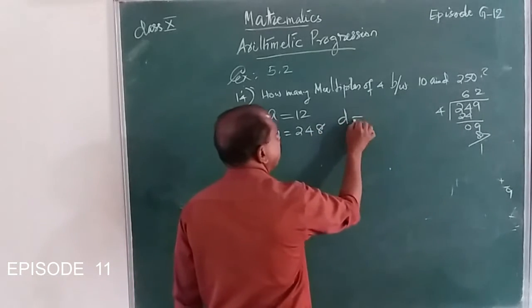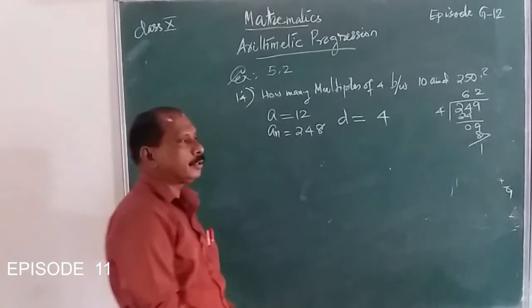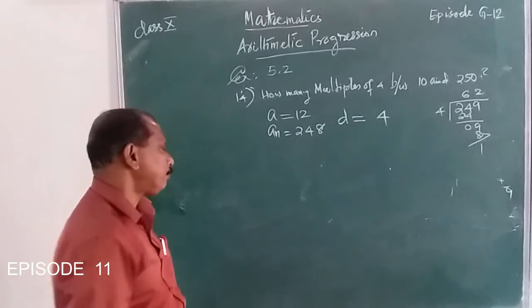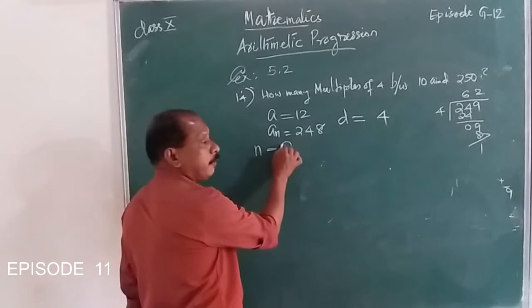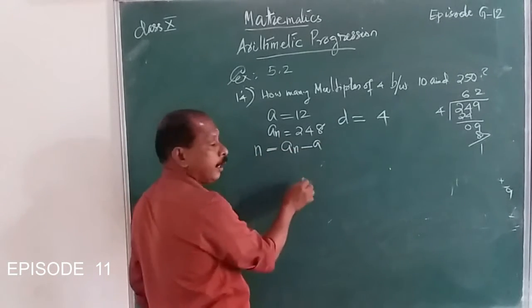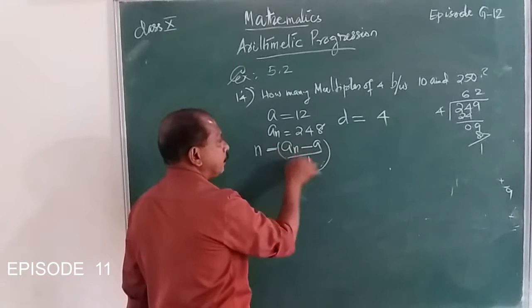Then what is D? D is equal to 4 because it is a multiple of 4. Then n is equal to the same formula, (An minus A) by D plus 1.